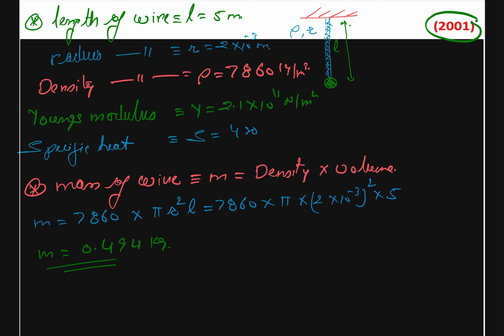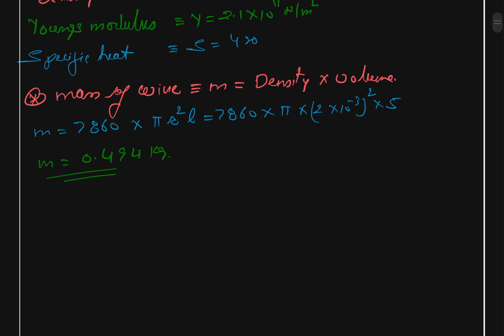And now we can easily find out the elastic potential energy stored in the wire, and suppose that is represented as capital U.